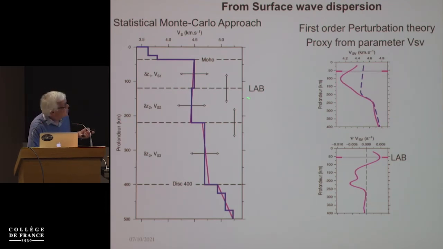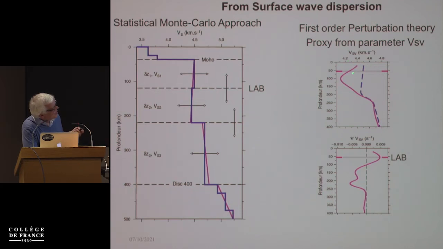Of course, it's not so easy. We use different techniques. We compile a lot of dispersion curves, fundamental mode, but also higher modes, and we use a statistical approach, and we also use a classical first-order perturbation theory, but in an anisotropic medium.